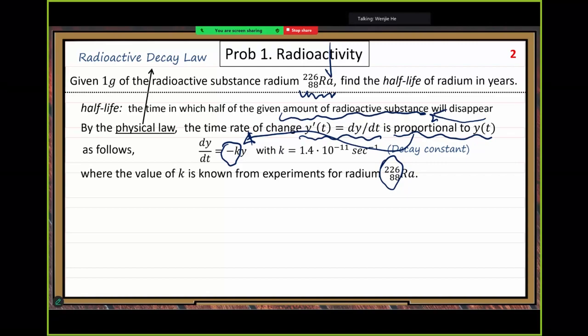Many other phenomena also have the decay property. If any phenomenon has the decay property, then we can apply this law, so we can generalize it to the general decay model.